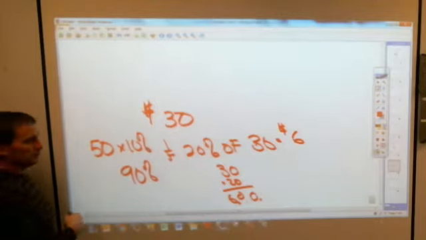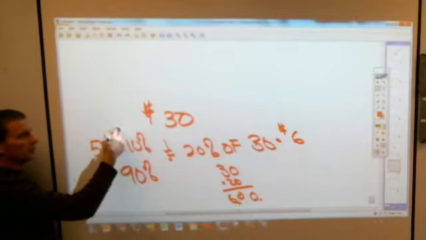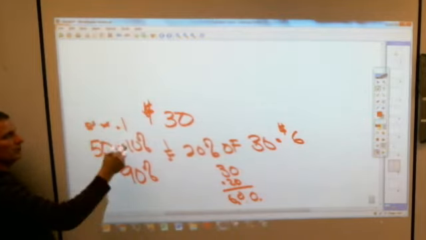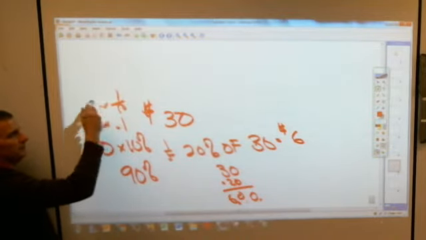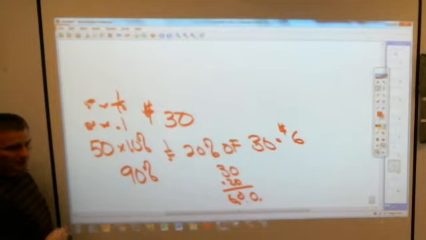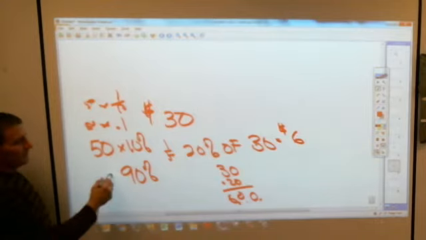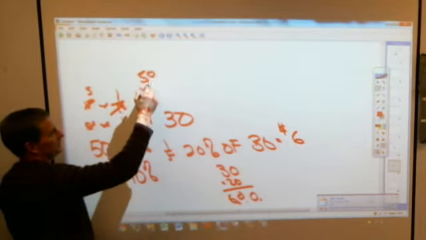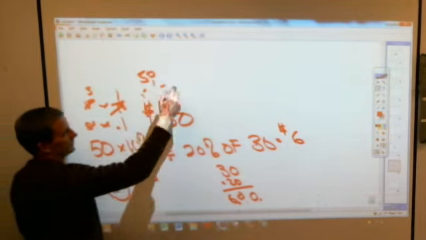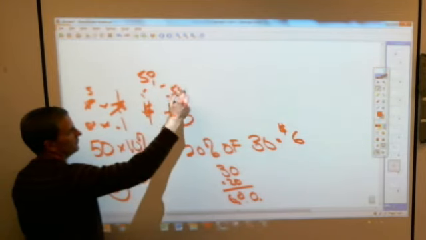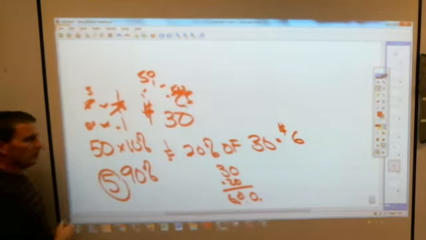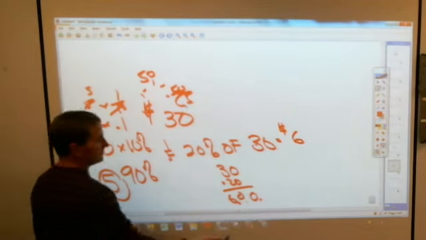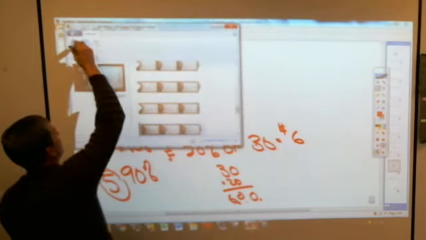You can either multiply those two together as a decimal, 0.1 times 50, or the fraction 1/10 times 50. Either way, how many problems did you get wrong? 5. 1/10 of 50 is 5. 50 times 0.1 is 5. It's always multiplication, kids, always. Don't ever think you're going to divide when it comes to percent.